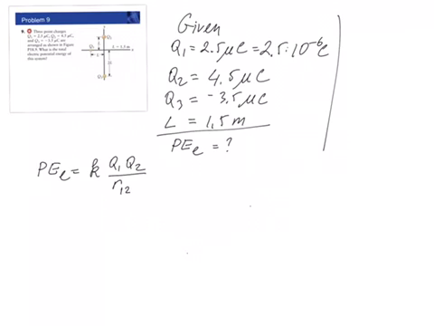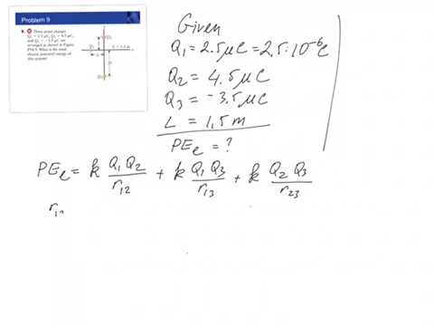This is between the first and second, plus K, Q1, Q3, divided by the distance between 1 and 3, plus K, Q2, Q3, divided by the distance R2,3. Okay, what are those distances?